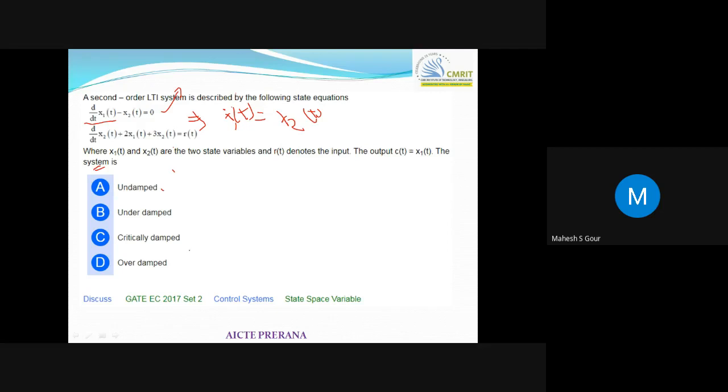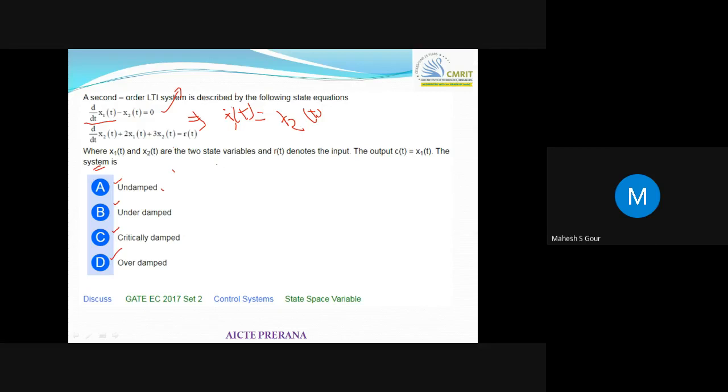So okay, I'll first explain the problem. Is the question clear to you? What is to be done, how to proceed, you understood? Suppose this question is given to you, how are you going to proceed? In the previous classes, I taught how to find whether the system is undamped, underdamped, critically damped, or overdamped, while taking time response.